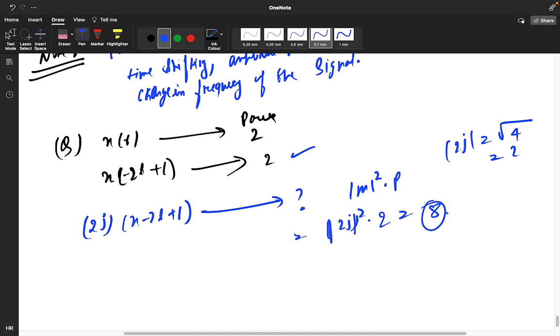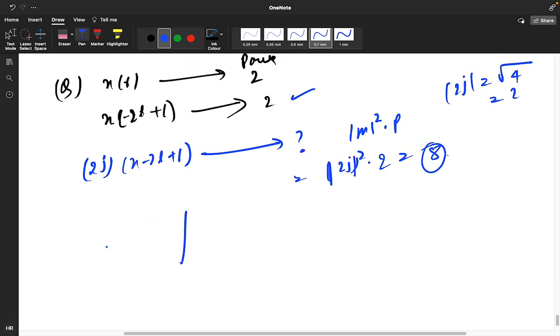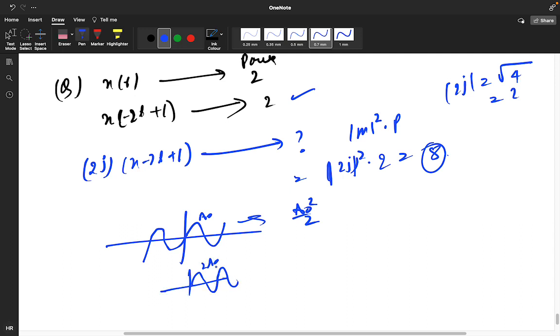Is this clear? See, you have a signal like this. This is your a0 value. So the power of this will be a0 square by 2. And if you make it 2a0, the power will be 2 square into a0 square by 2, so you get 4 a0 square by 2.